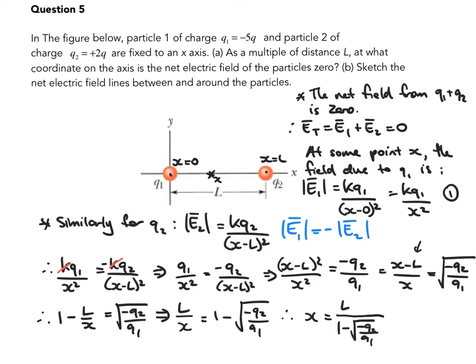We're getting there. We can just plug some values into that. We get L over 1 minus square root of 2 on 5, and we get an answer for that of 2.72 L. Okay, that's our answer. So at some distance, 2.72 L, the field from Q1 and Q2 will cancel out.